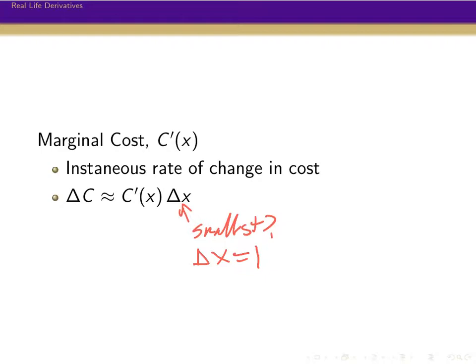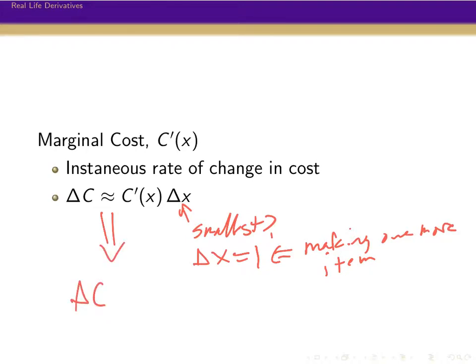Well, if we set delta x equal to 1, we're thinking about making one more item. What does this equation become? Well, it's just the change in cost for one more item is about equal to that derivative there.